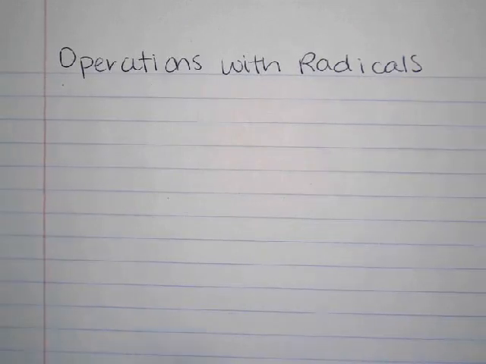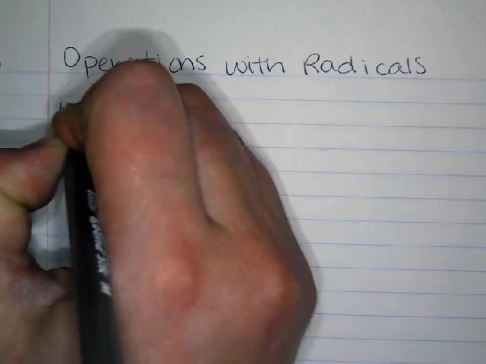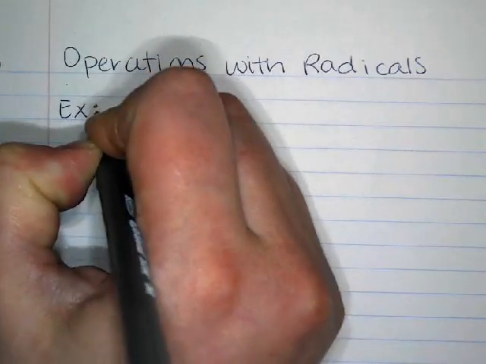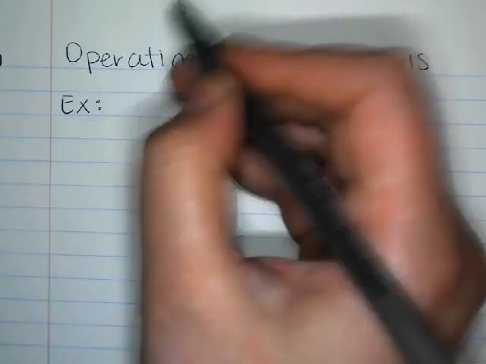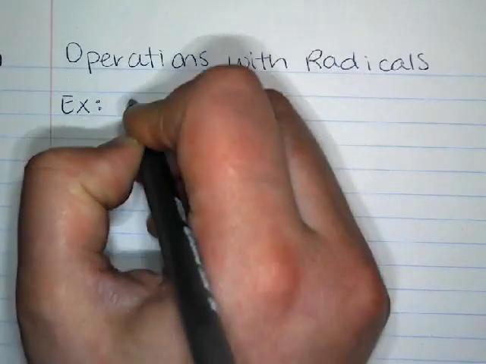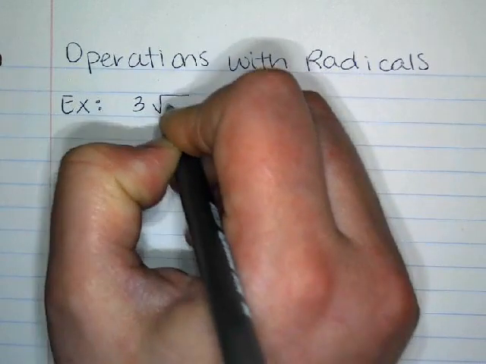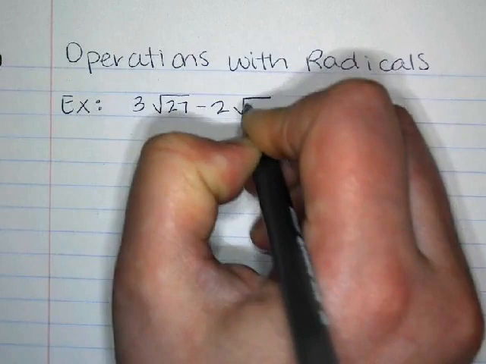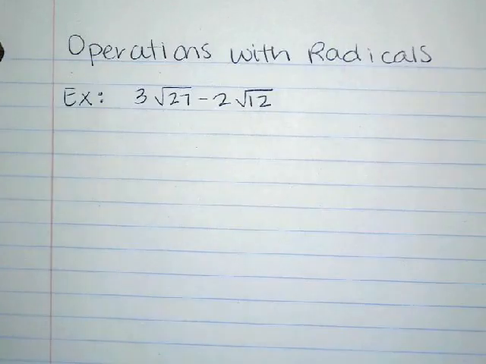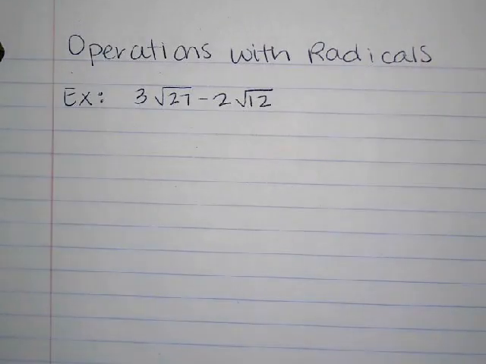Operations with radicals. All right. So when you are adding and subtracting your square roots, cube roots, fourth roots, you basically need to have like terms, which means that before you can add them or subtract them, you have to simplify them, because you have to know, are they square root 2's that I'm adding together or subtracting?